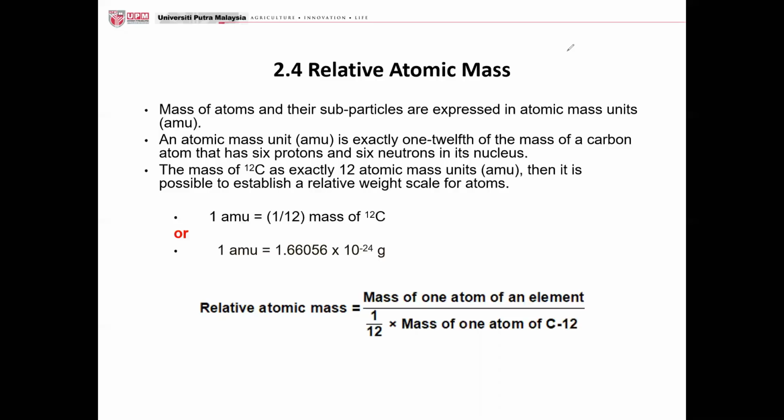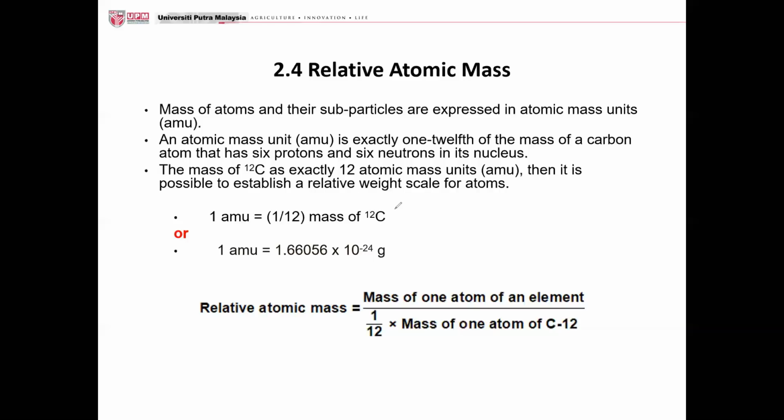So mass of atom and their subparticles are expressed in atomic mass unit, which is AMU. An atomic mass unit is exactly 1/12 of the mass of a carbon atom that has 6 proton and 6 neutron in its nucleus. The mass of carbon-12 has exactly 12 atomic mass units. Then it is possible to establish a relative weight scale for atoms.